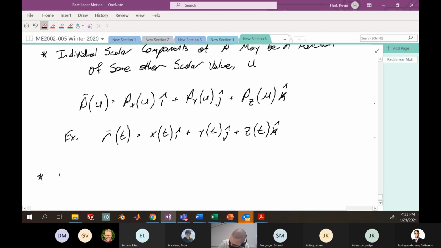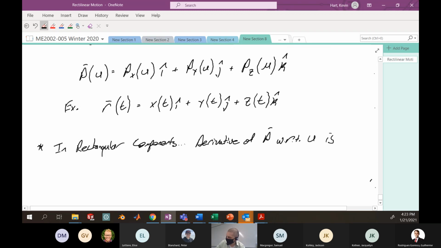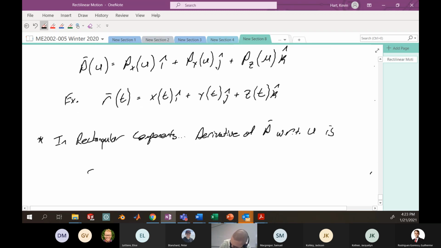So in rectangular components, if we're considering the derivative with respect to u, it's the following. It's the derivative of px, which might be a function of u.